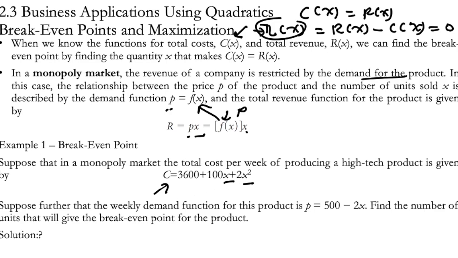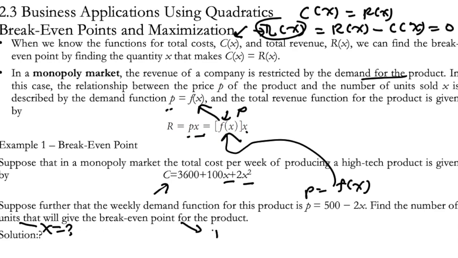Suppose further that the weekly demand function for this product is P equals 500 minus 2x. So you can see P as a function of x. Remember this? Find the number of units, so find what x will give the break-even point for the product, that will give profit equivalent to 0, in which cost equals revenue. So find what the quantity is.